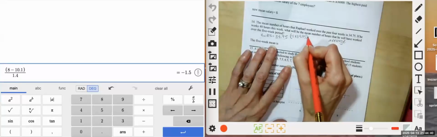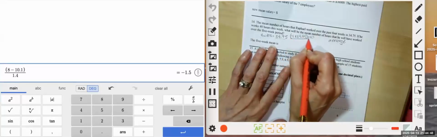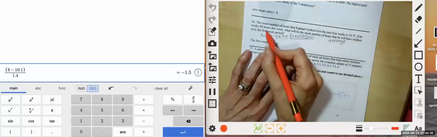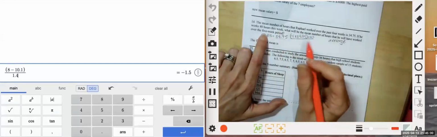So 4 weeks times 34.75 plus the 40 hours in this new week, and divide it by the 5-week period.